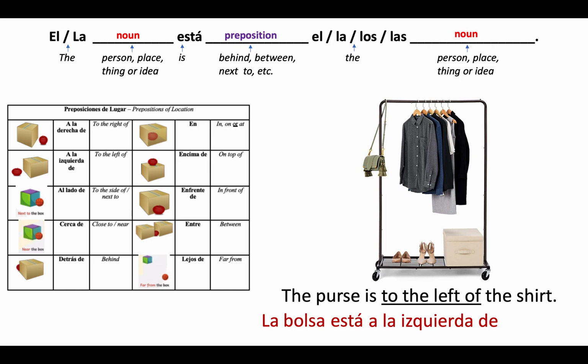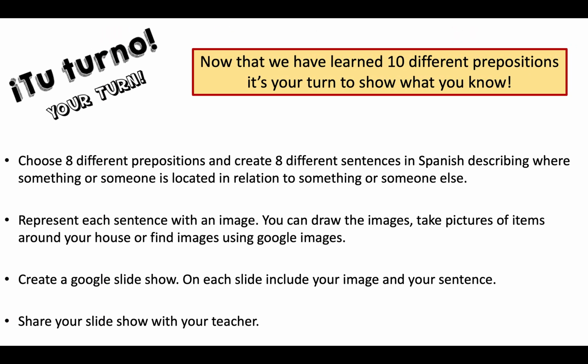The word the shirt is going to finish it off with la camisa. So that whole sentence, the purse is to the left of the shirt, becomes la bolsa está a la izquierda de la camisa. Muy bien, chicos y chicas.